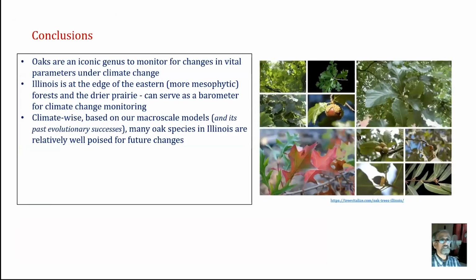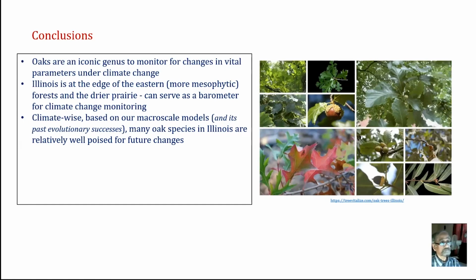And so what can we conclude from this macro scale study? Oaks are an iconic genus to monitor for changes in vital parameters under climate change. And Illinois is at the edge of the eastern, more mesophytic forests and the drier prairie. So it can serve as a barometer for climate change monitoring.